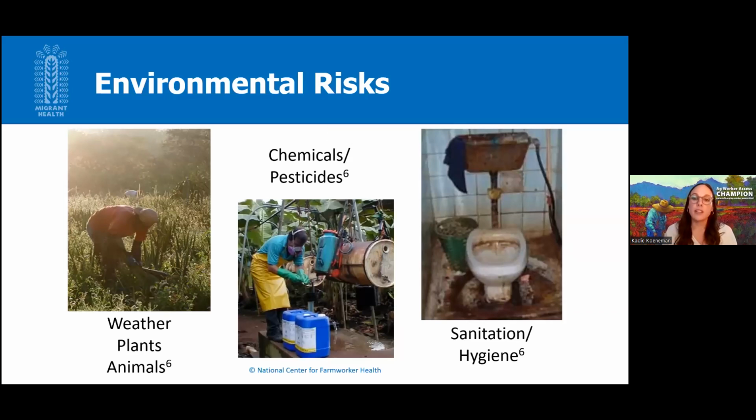This slide highlights some of the problems associated with field sanitation, pesticide exposure, and the environmental risks associated with agricultural work. Agricultural work often requires, as we discussed, stooping, climbing, carrying heavy loads, working with the soil, and direct contact with plants.